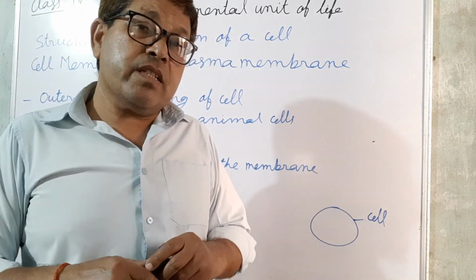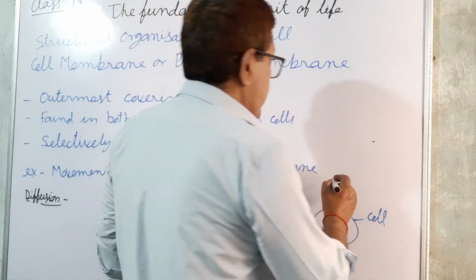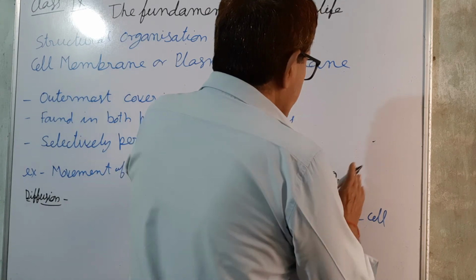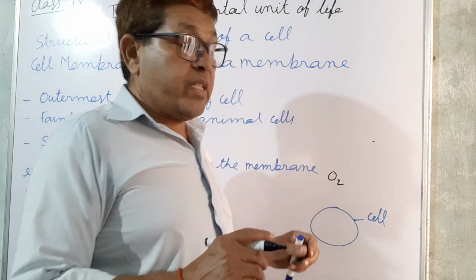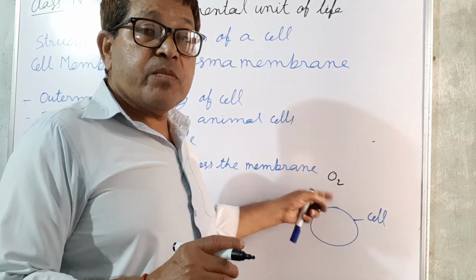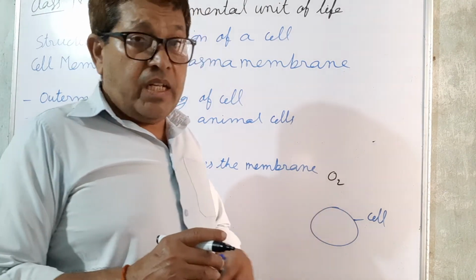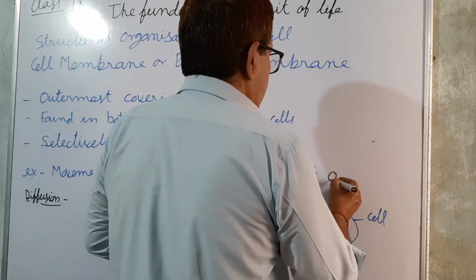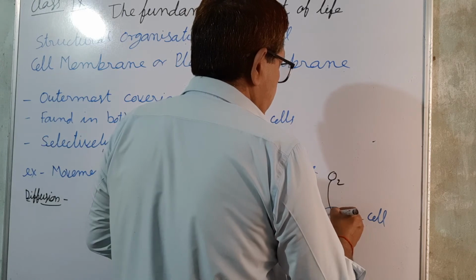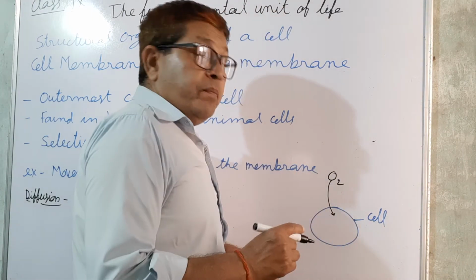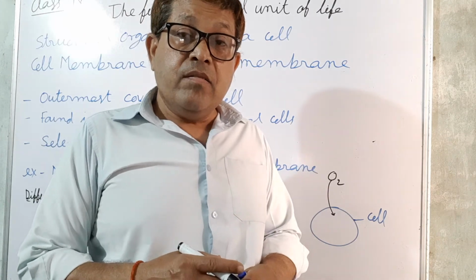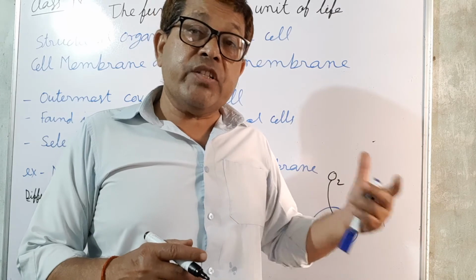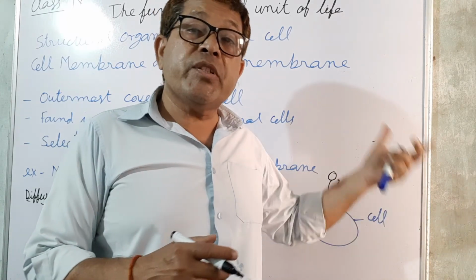The concentration of oxygen outside the cell is more in comparison to inside, so oxygen diffuses from outside to inside the cell.